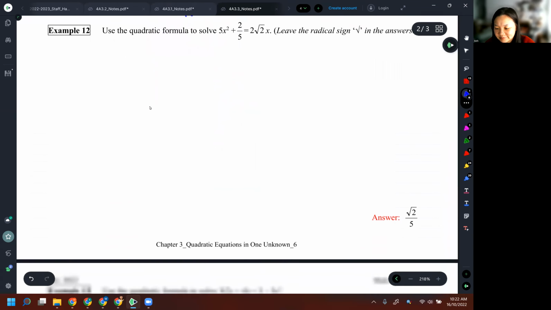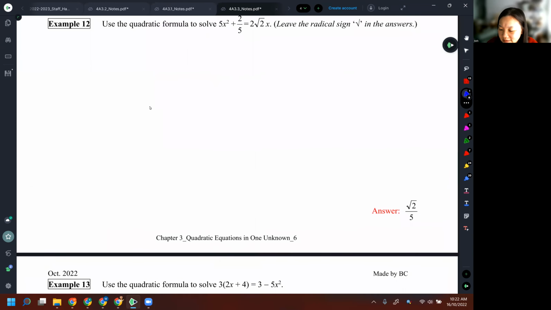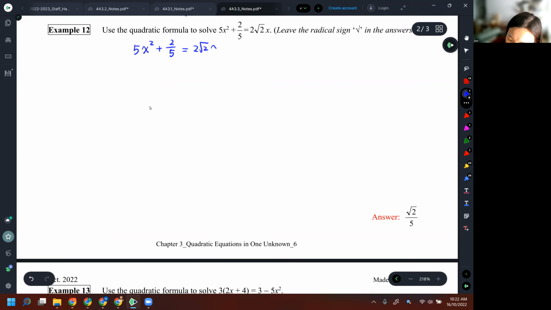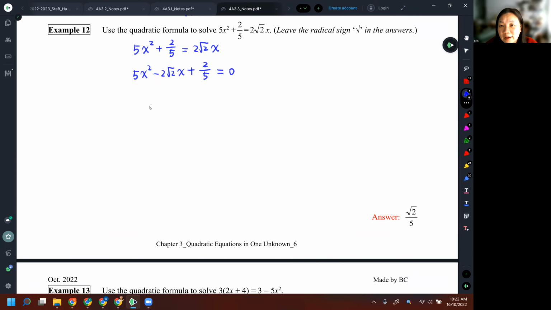Example 12. This equation, I cannot identify A, B, and C immediately. So I will copy the equation. I will move all the terms to the left. And to simplify my calculation, I will multiply by 5 to the equation.